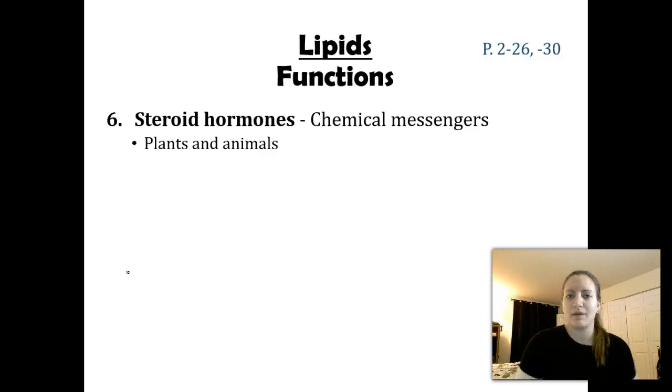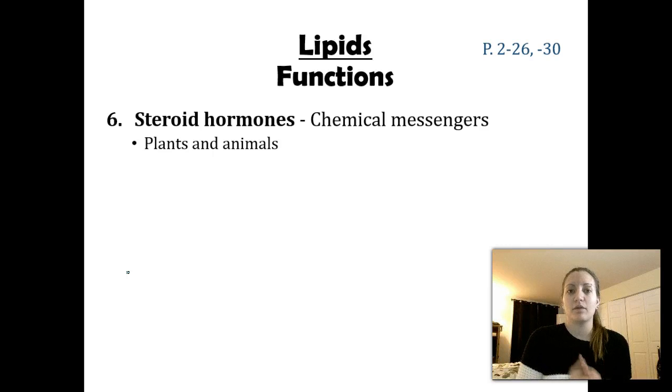That's typically what we equate hormones with. But hormones are actually any chemical messenger or any chemical signal in our body. Recall when I was talking about diabetes, insulin is a hormone. Now, we're not going to talk much about insulin here because that's a protein, but some hormones are made from fats.